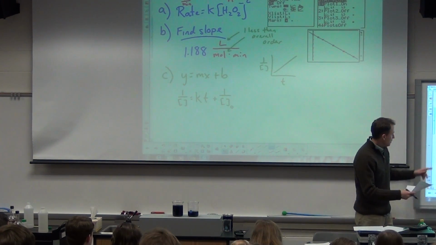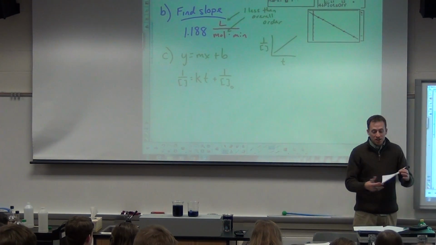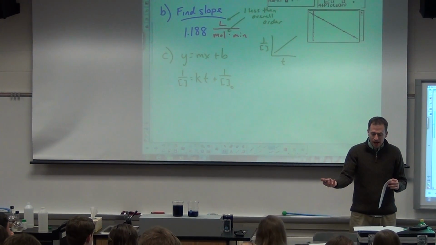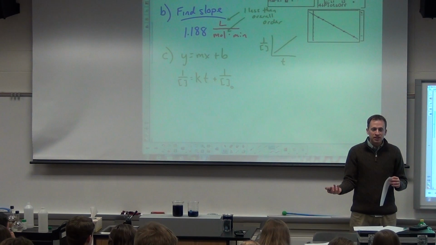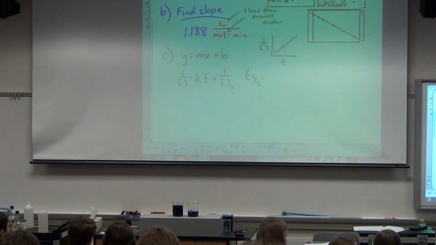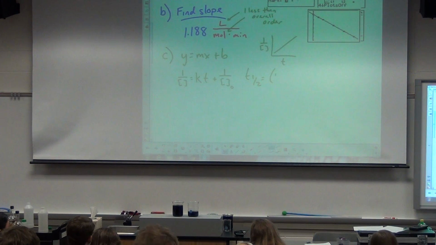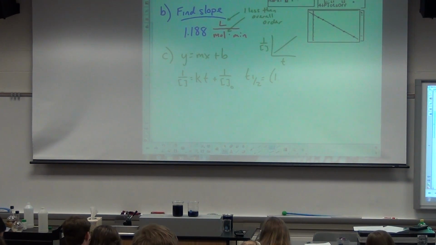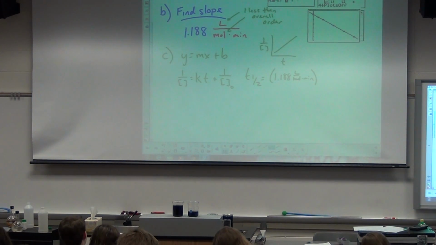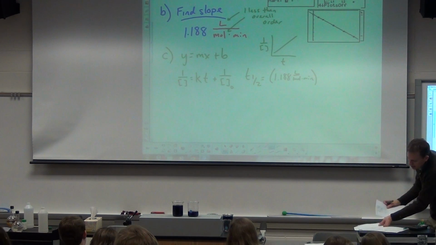So how can I do half-life? Well, I gave you an equation on the top, so we could cheat and you could literally plug it in. If you look at that, you see that t half equals 1 over k times the initial concentration. So let's cheat and do that first. Wait, sorry, did I do that wrong?